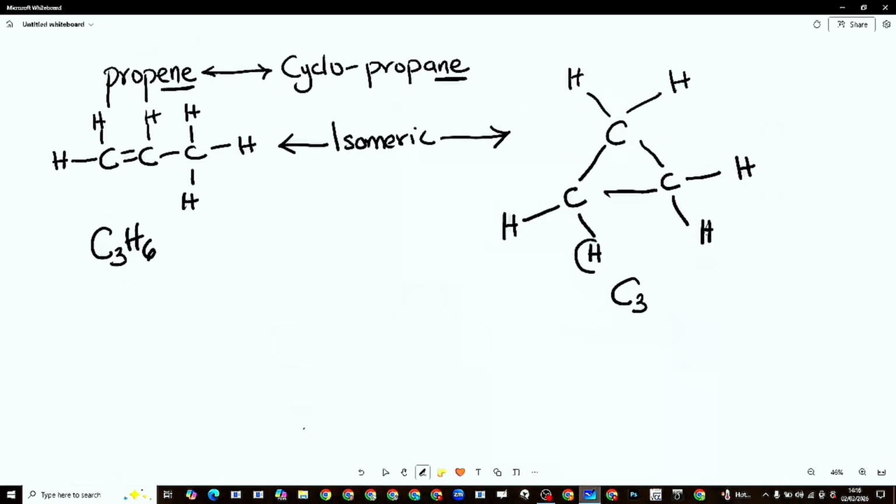How many hydrogens? 1, 2, 3, 4, 5, and 6. So it is H6. So all cycloalkanes are isomers of their corresponding alkenes, right? All cycloalkanes.